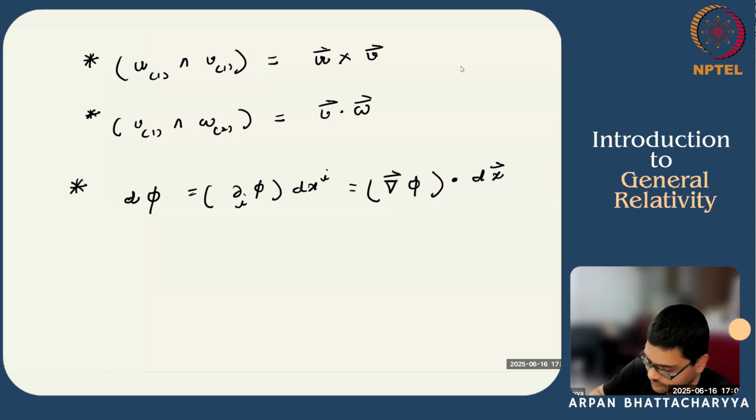Now you should be able to identify what this is. The d phi is del of phi, which is nothing but the gradient of phi, and it gives how this phi is changing.